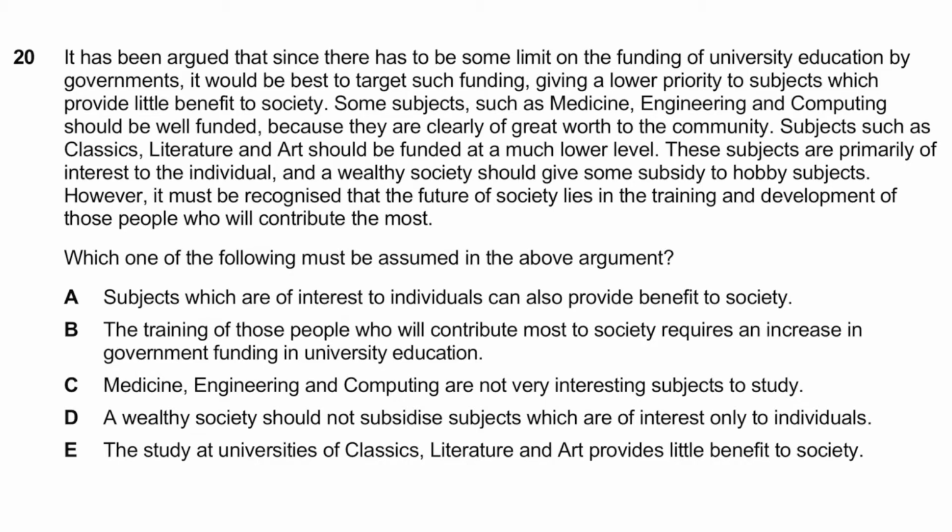But the gist I get from it is that they're also agreeing with that statement. So I would treat this more as an opinion in this case. So this is the main part, the opinion: giving a low priority to something which provides little benefit to society, and then the rest doesn't really add anything. So I'm just going to cut it down.